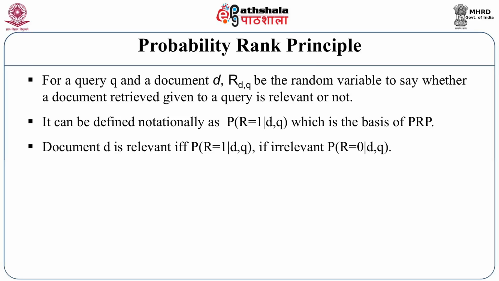So the document D is relevant if probability of R equal to 1 given D and Q. If irrelevant, probability that R is equal to 0 given D comma Q. So that is the 1-0 case of the probability rank principle. The scheme is very simple.